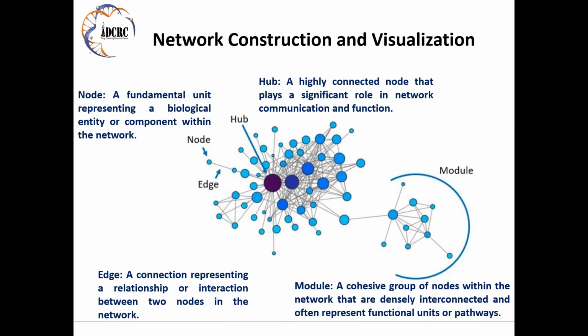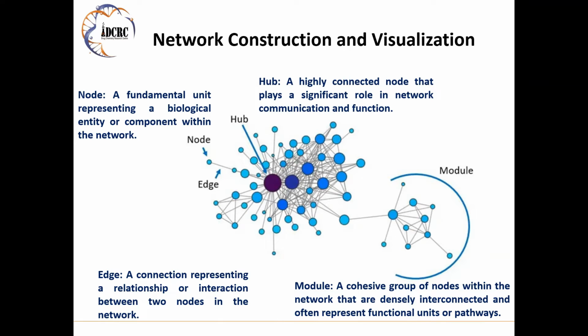Then the module. In a biological network, there can be different sub-networks. A module is a cohesive group of nodes within the network that are densely interconnected and often represent a particular functional unit or pathway.